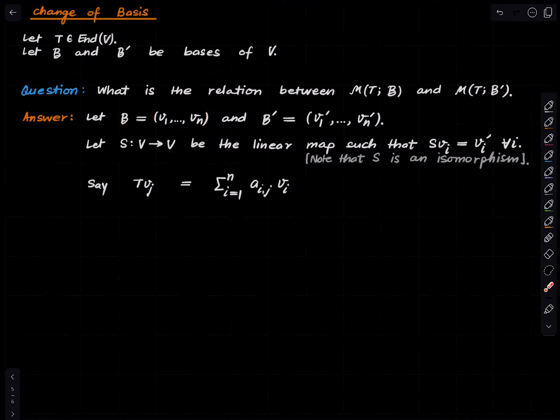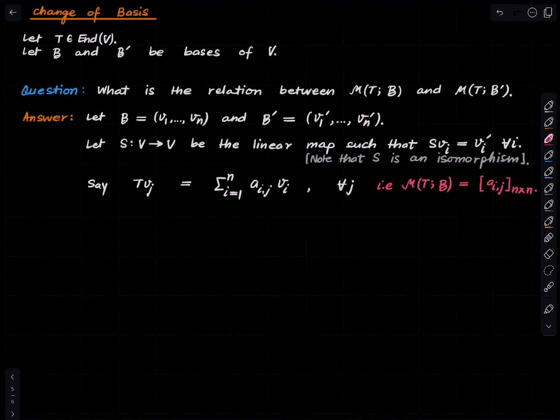So let's say these are some coefficients whose corresponding linear combination outputs T of Vj. So this is for all j, of course. So this is the same as saying that the matrix of T with respect to B is the one whose ijth entry is Aij.